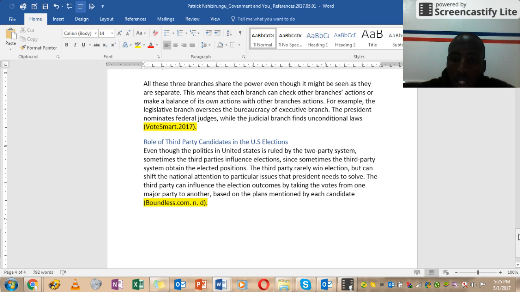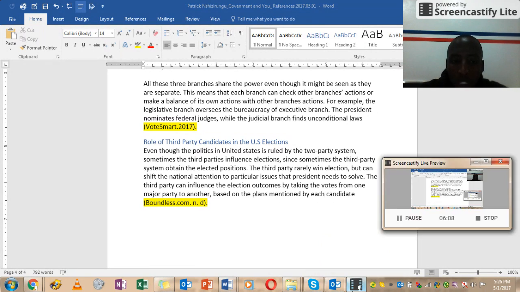Then the candidates from both big parties, Democrats and Republicans, will start mentioning those in their campaigns. Hence, that is their big influence. Also, the third party can influence election outcomes by taking votes from one major party to another.